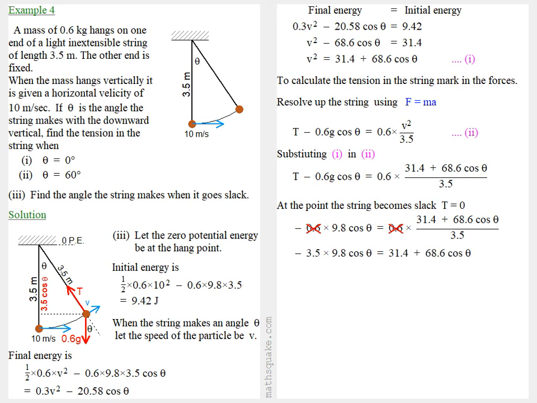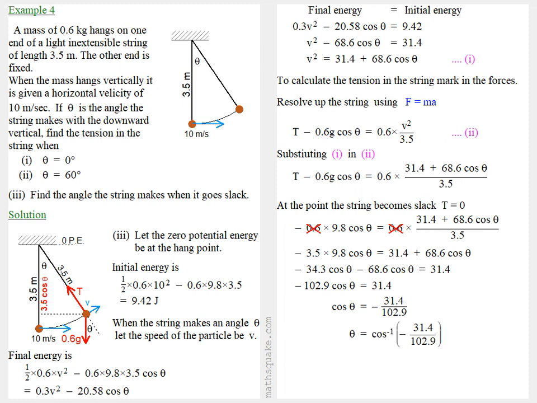So we have minus 3.5 times 9.8 cosine theta equals 31.4 plus 68.6 cosine theta. Now we can simplify that to minus 34.3 cosine theta minus 68.6 cosine theta equals 31.4, or minus 102.9 cosine theta equals 31.4, and so cosine theta is equal to minus 31.4 over 102.9.